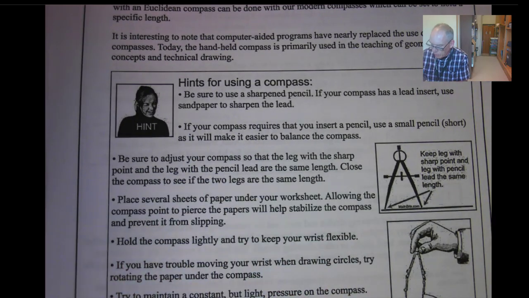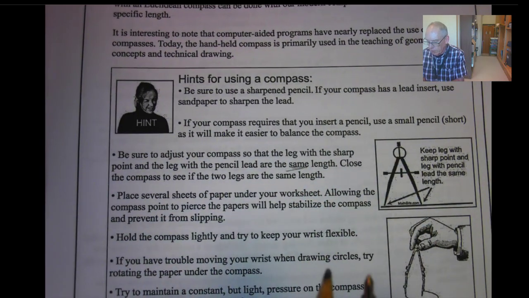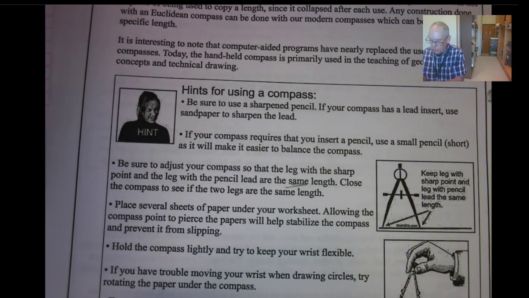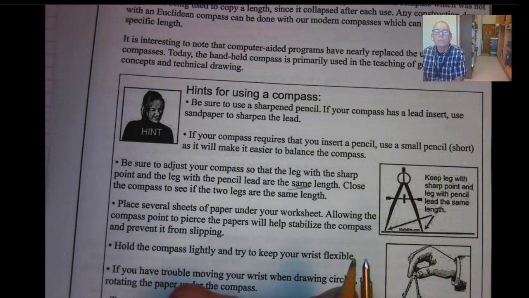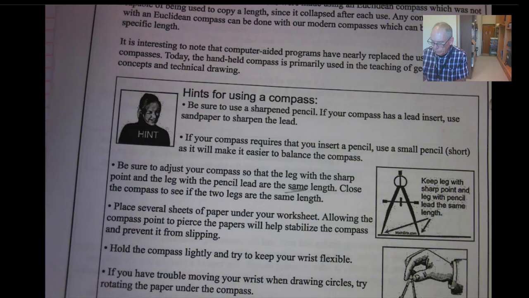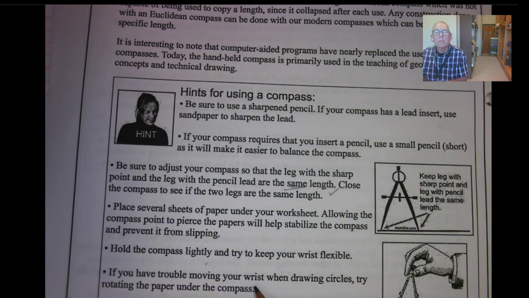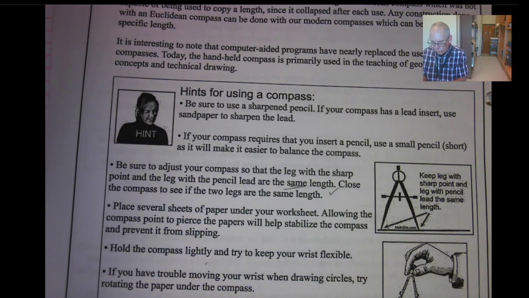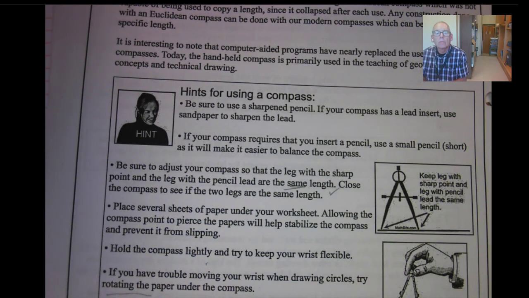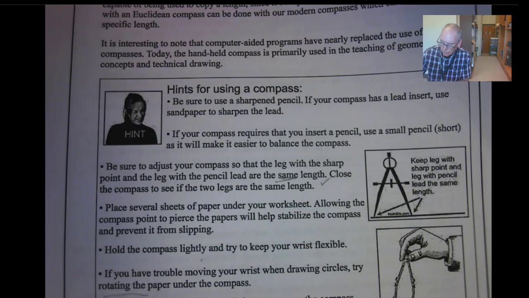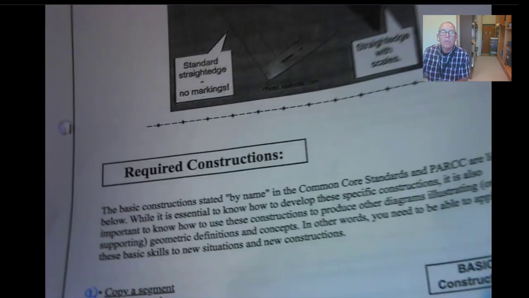And you want to lightly rotate the top of the compass between your fingers and spin it around with just enough pressure on the pencil point part of it to make a tracing on your paper as you try to construct the circle. If you put too much pressure on the pencil point side, it might cause the compass to open up as it goes around and you won't draw a complete circle.